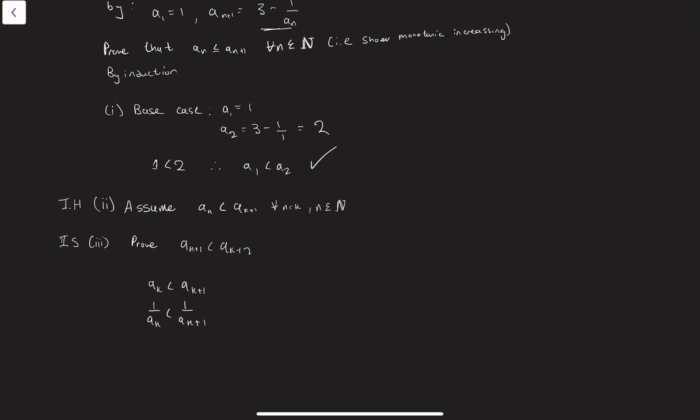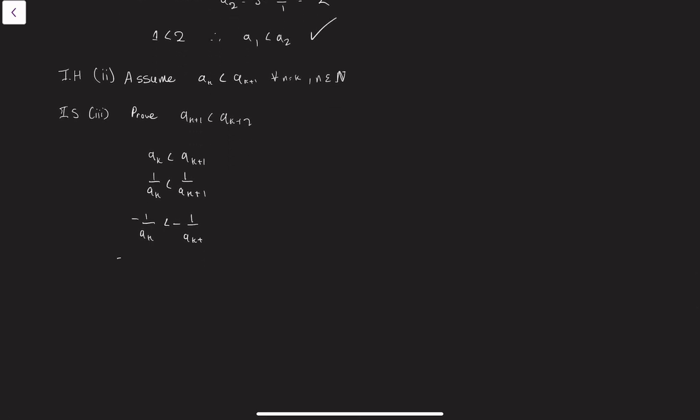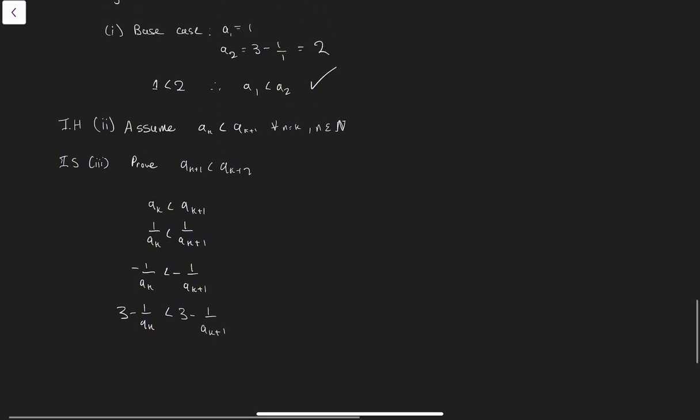And then we're going to multiply this by a negative sign. So negative 1 over AK and negative 1 over AK plus 1. And then we're going to add 3 to both sides. So 3 minus 1 over AK is less than 3 minus 1 over AK plus 1.